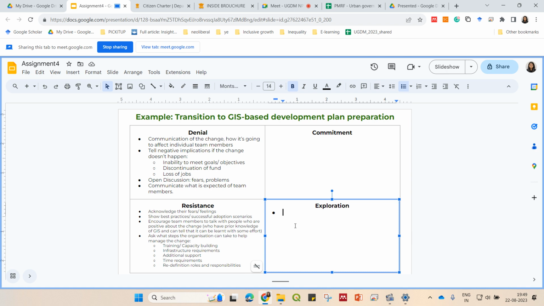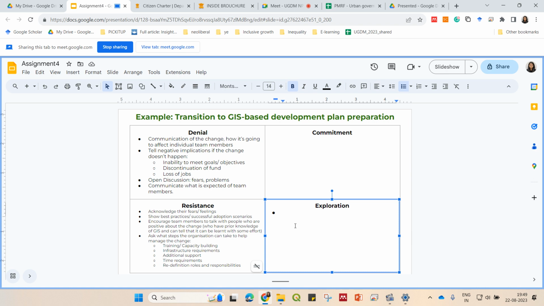At this stage, how can you make the best of your teammates' attitudes, their view towards this exploration of the new system?